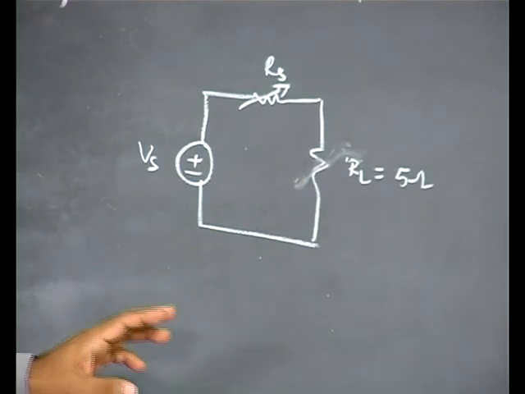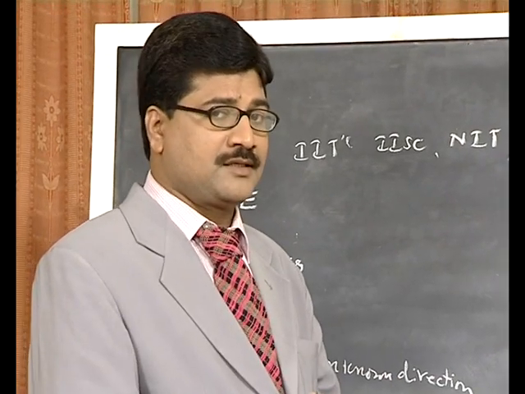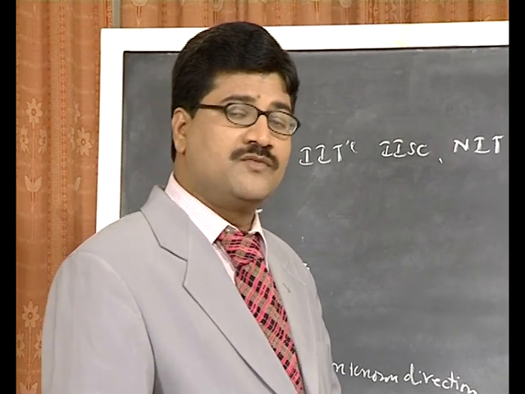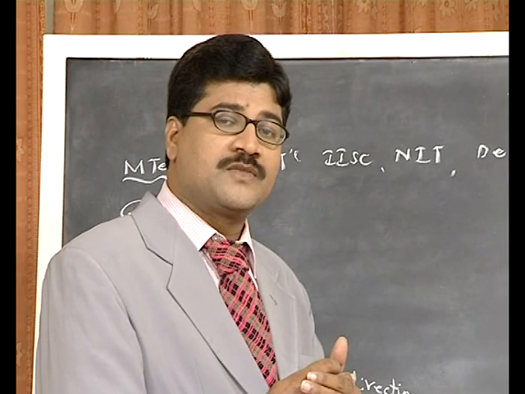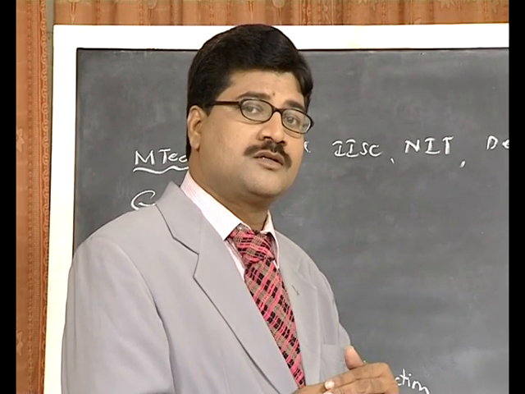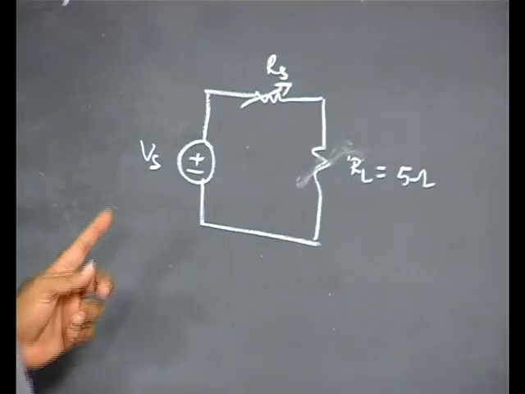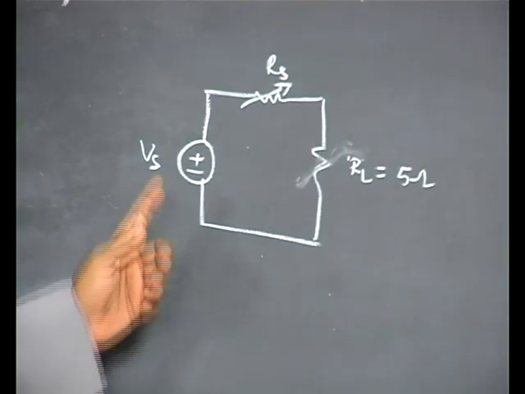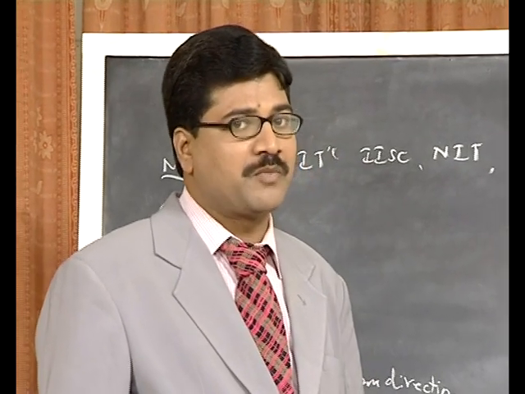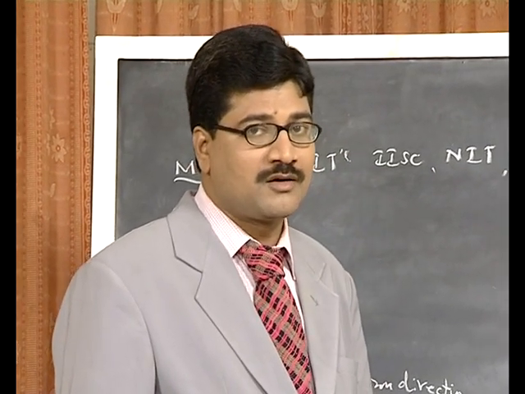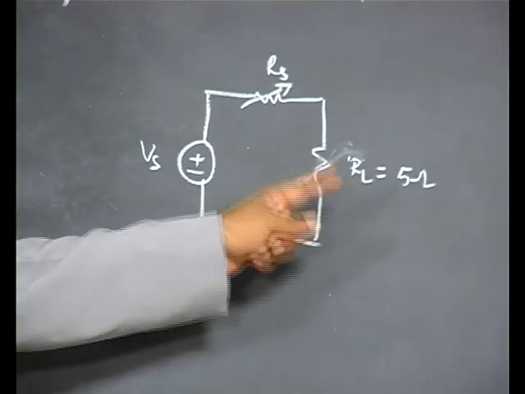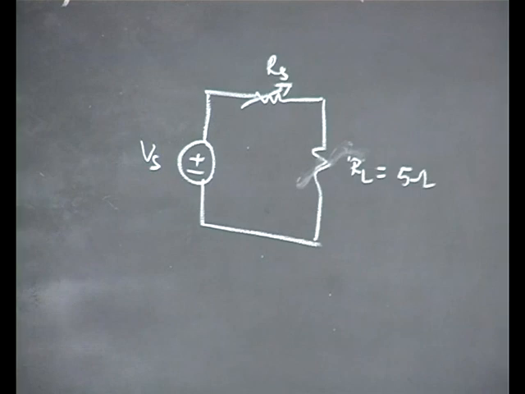Here, you know the maximum power transfer theorem. Suppose the load is varying, then at what load is the maximum power transferred from source to load? You know very well at what condition the maximum power is transferred from source to load. That condition is that the load resistance must be equal to source resistance.